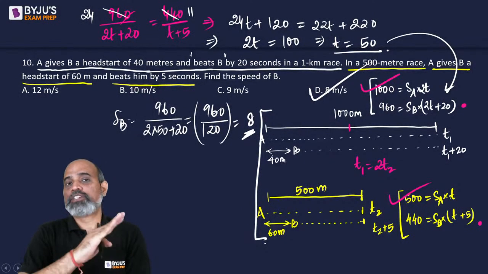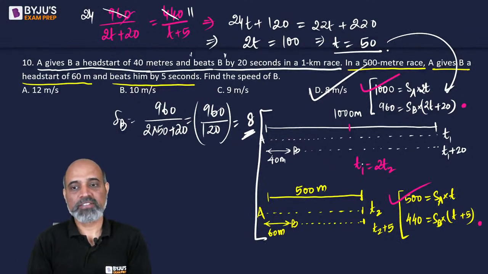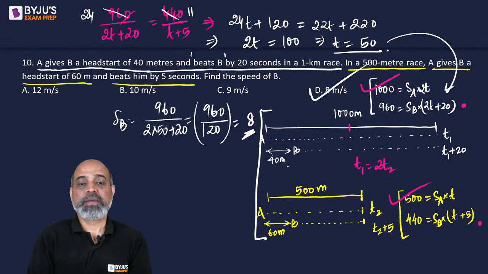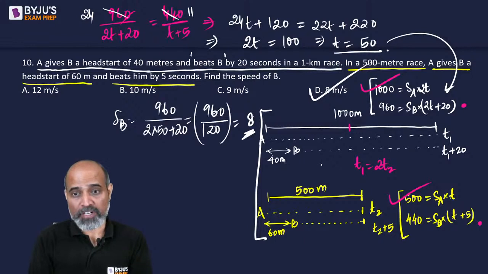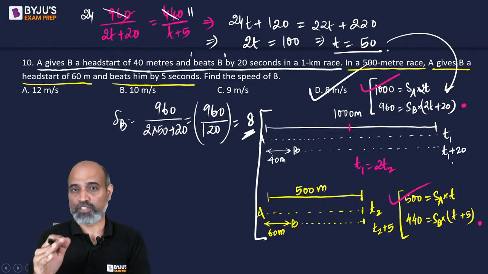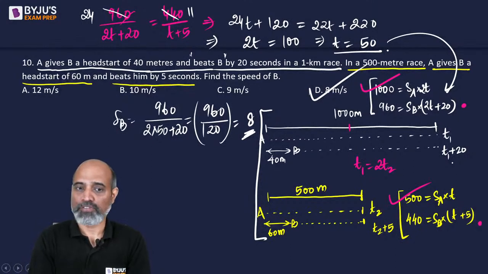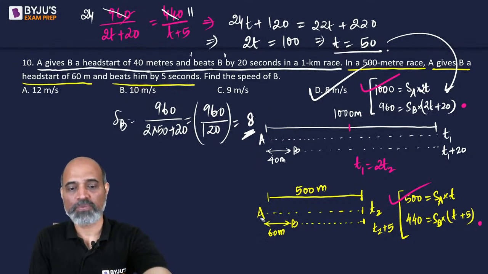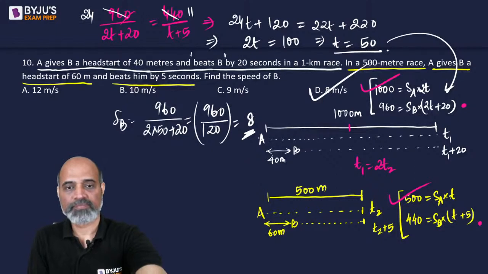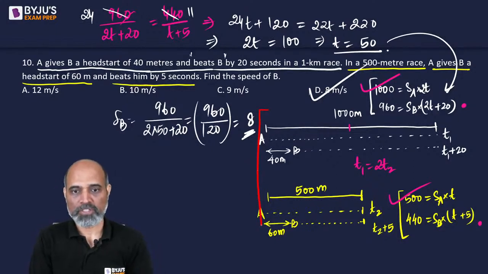If A covers 500 meters, B covers 960 meters with 20 seconds more to travel, right? According to the first case, using this one, talking about this scenario, these two.